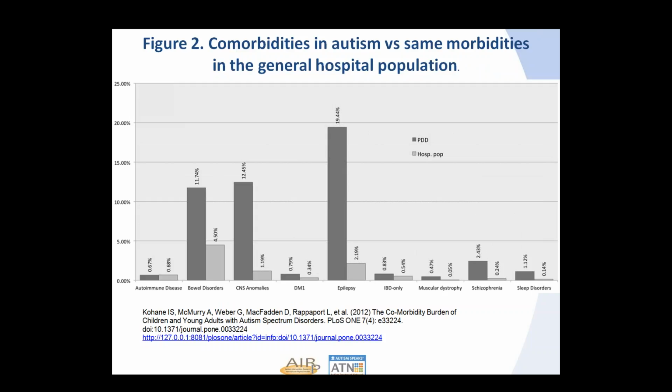And once again, we see an increased rate of bowel disorders, epilepsy, and over to the far right, sleep disorders also. So we're getting some nice population-based data that suggests that these problems are very real and that we need to be aware of them, and we need to find ways to better identify them and manage them. Next slide, please.